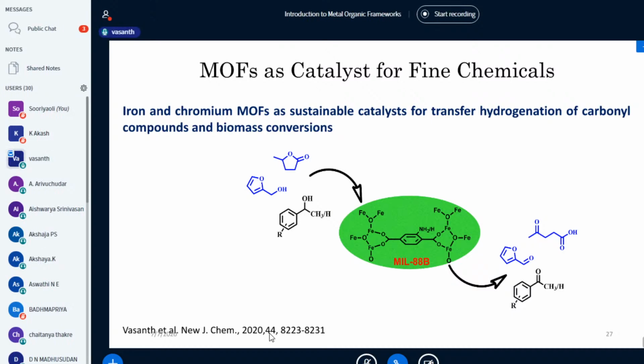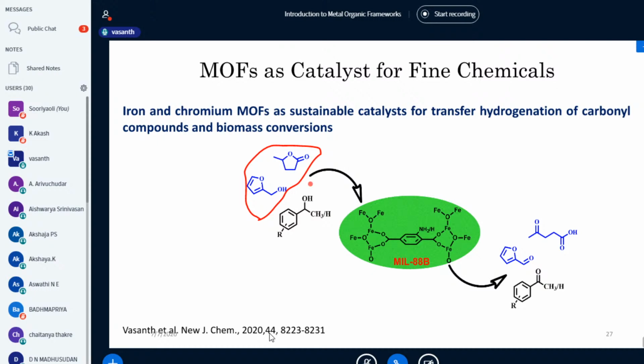So this is like MOFs as a catalyst for the fine chemicals. And these are a few chemicals which are highly important. These two chemicals are called biomass derivatives. These two are currently used as fuel additives in the petroleum industries, in all the petrol which we use. They have both compounds to increase the combustion.